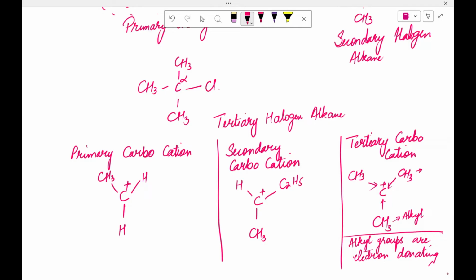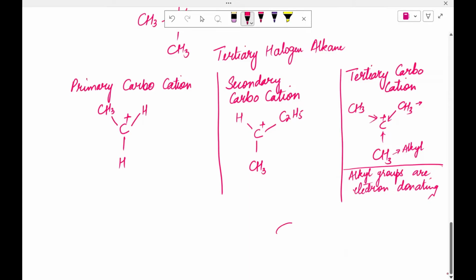And why are they giving electrons? As you know, carbon has three bonds, and there is one vacant orbital here, which is free. The alkyl groups give electrons at this point, which lowers the electron density problem on this carbon, decreasing the charge at this point. Is that clear?